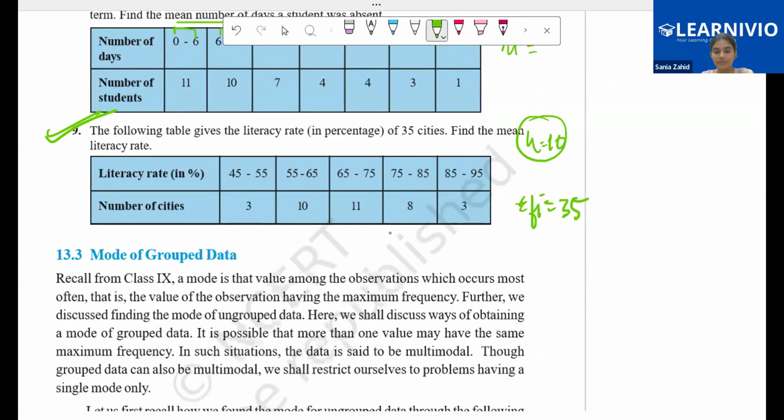Yeah, solve this question, Umar. Yeah, Umar, are you able to solve? Yes. Okay.